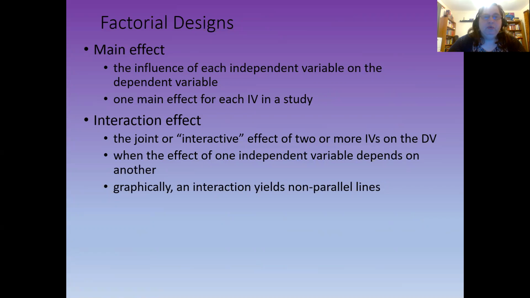Well, we're going to do one line for sleep deprivation this time. And so one line will be not sleep deprived and one line will be sleep deprived. And then we'll look at the different effects for the different levels of caffeine. And if those 2 lines are not parallel, if they will cross, even if they don't cross on the page, if they're going to cross at some point, you have an interaction.